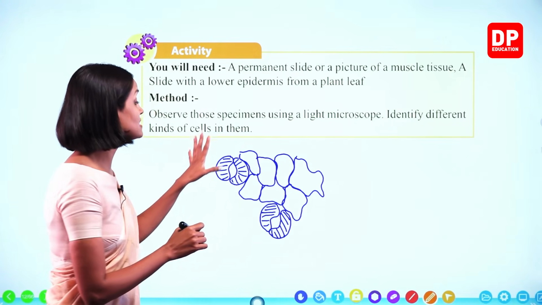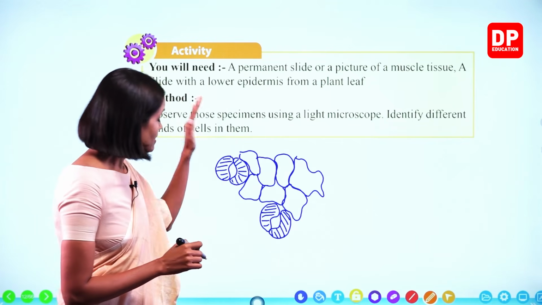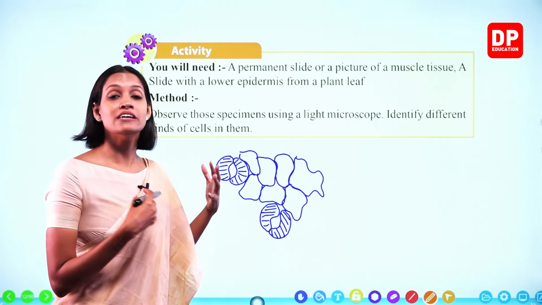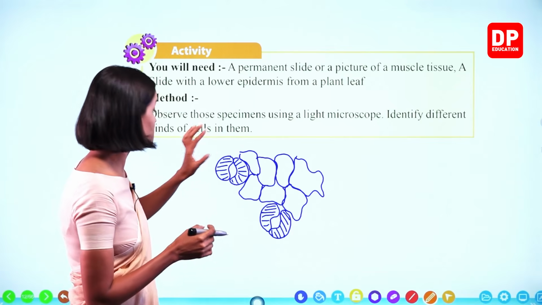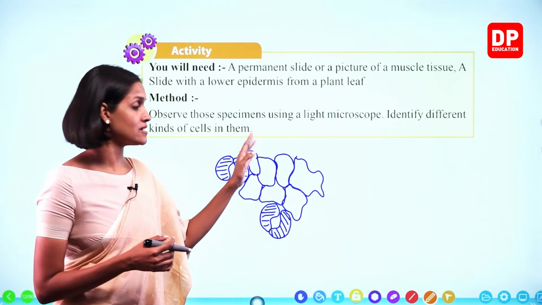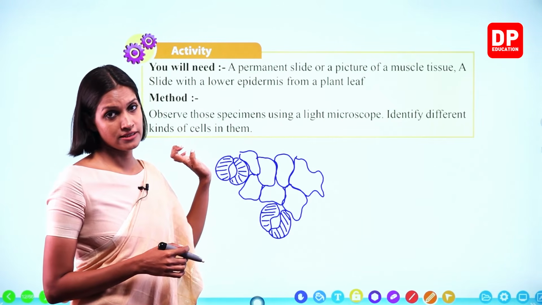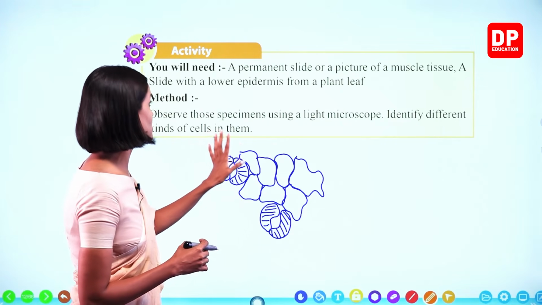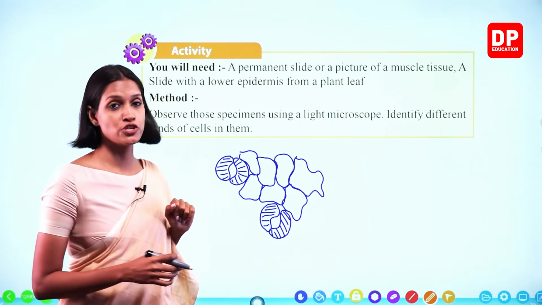Therefore, when you consider the lower epidermis as a tissue, it is made up of different types of cells. We learned a tissue is a group of cells, right? It can be different types of cells, but it can even be the same type of cells as well. It doesn't have to be different from each other. Here it is different, right? A group of cells together. So this group of cells together is known as the lower epidermis tissue of a plant. It is a type of tissue.